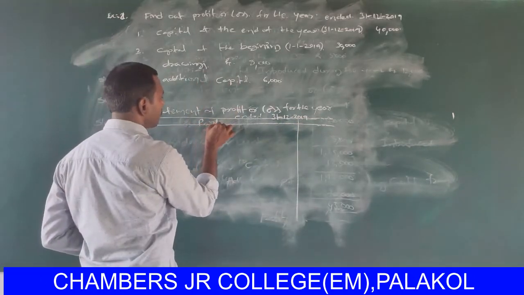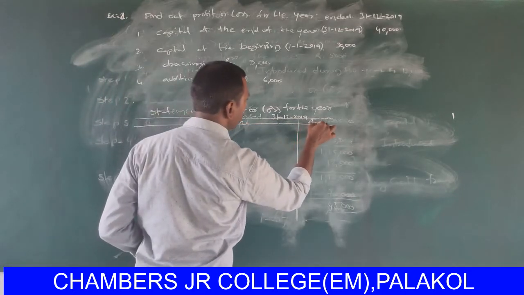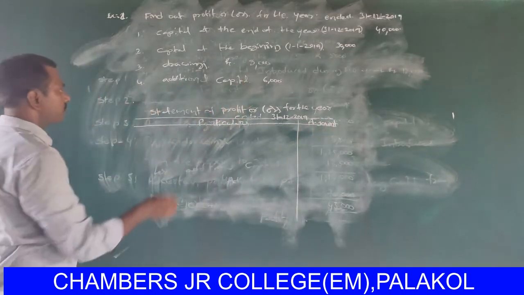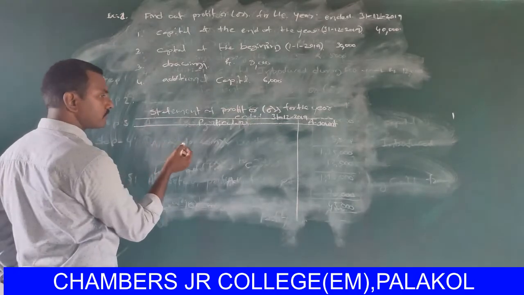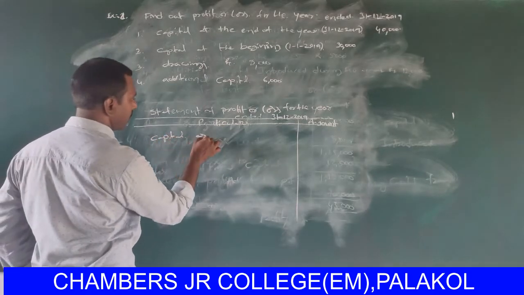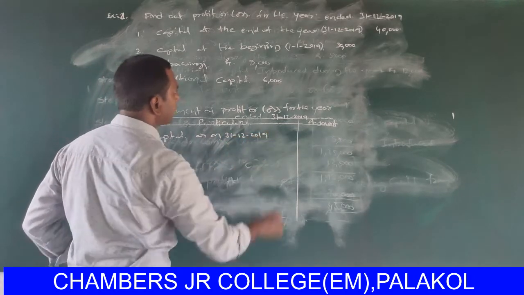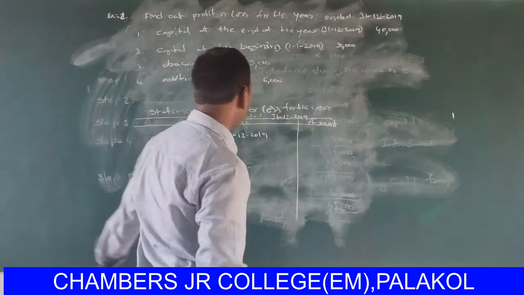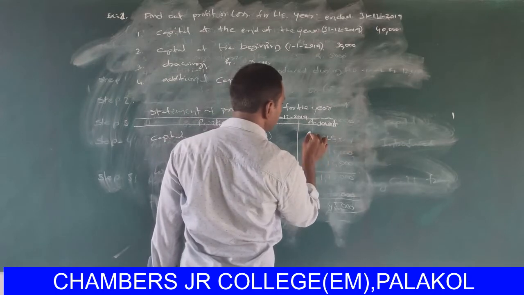Particulars, amount. Here first of all, you take closing capital, or capital at the end of the year. Capital as on 31st/12/2019, capital at the end of the year. The amount is 40,000.